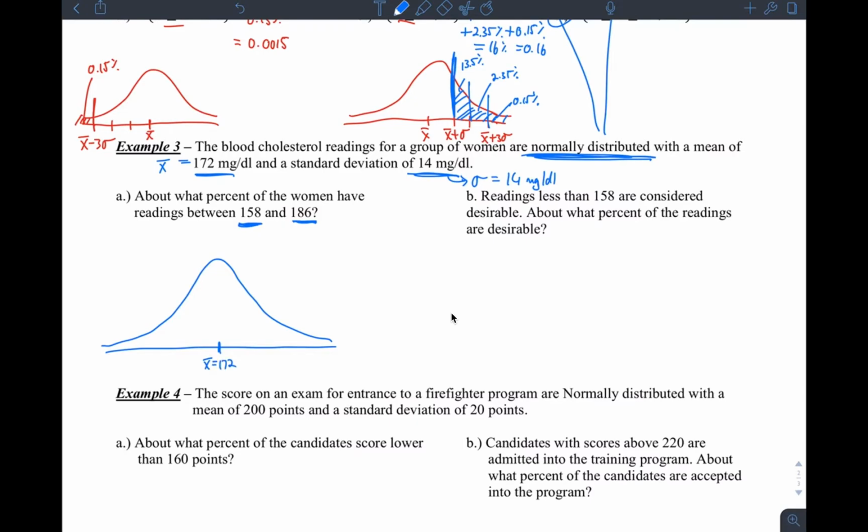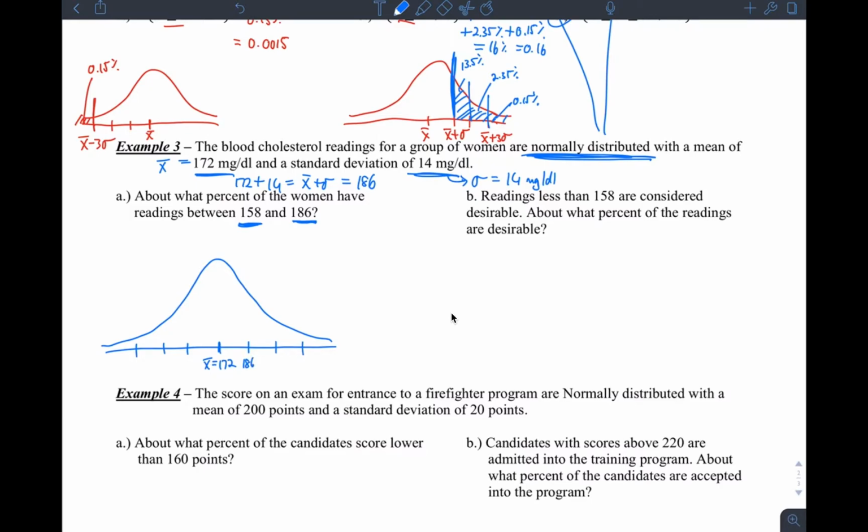All right, and then 1, 2, 3 standard deviations above the mean, and 1, 2, 3 standard deviations below the mean. So if I go mean plus 1 standard deviation, this would be 172 plus 14. That's x bar plus sigma. And if you do the math there, you get 186.